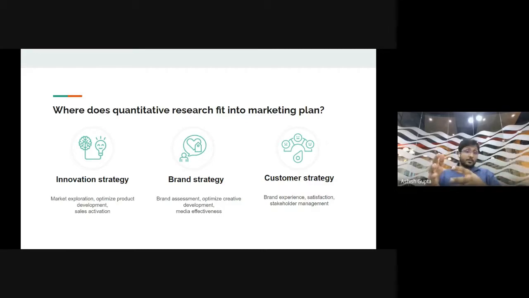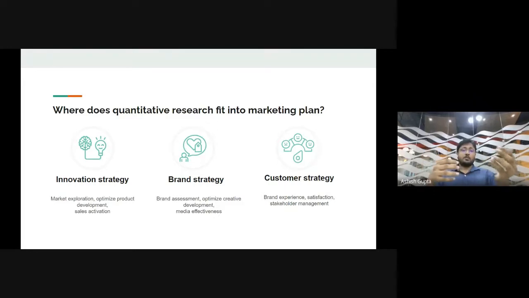You develop a prototype for them. Once you develop a prototype for them, you test it in the market to see whether that product would do well in the market or not from a consumer standpoint, understand what are the optimization ideas. Then once you develop the product, you try to understand what is the optimal launch strategy for the product. And once the product has been in the market for a considerable amount of time, you would want to understand basically what is the kind of equity that product has in the market.